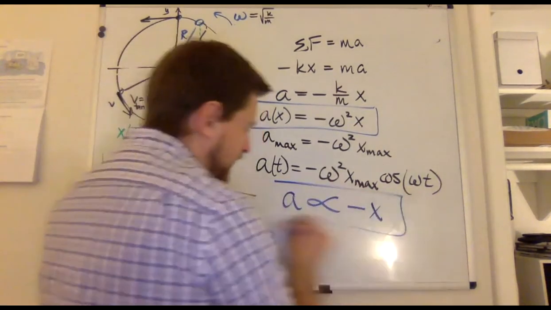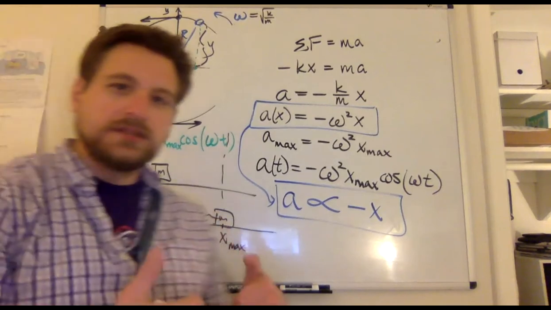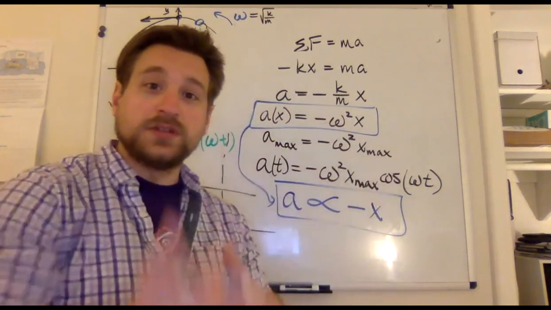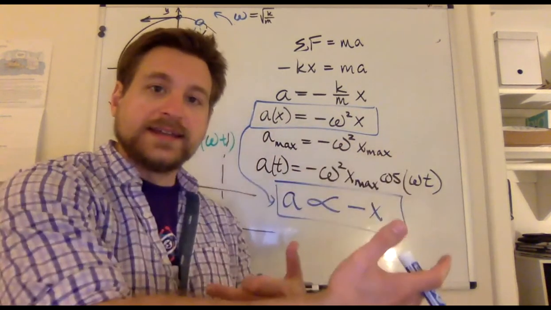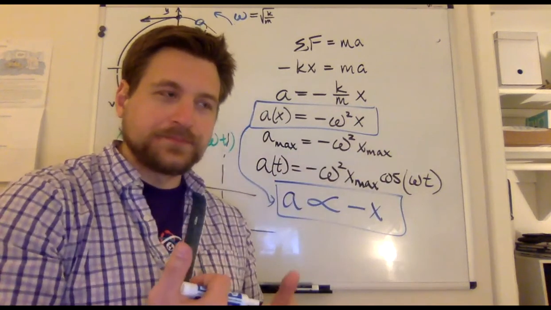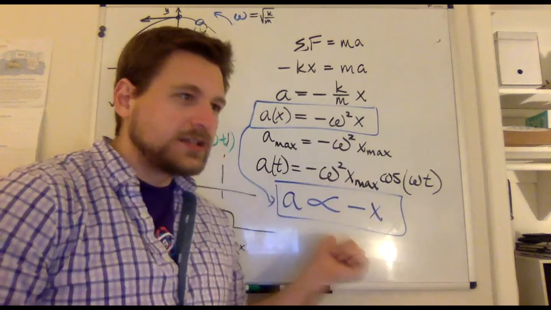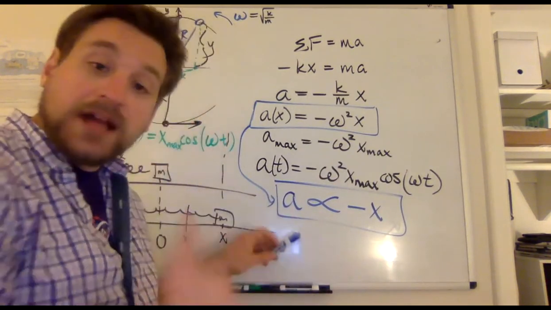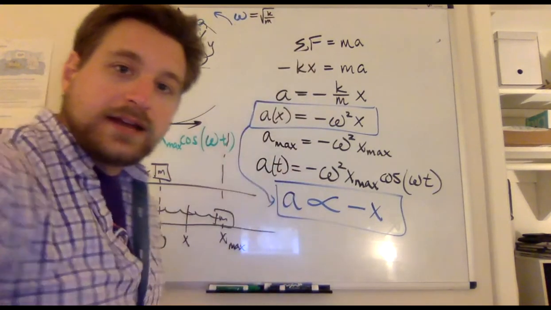Anytime we can say that the acceleration is proportional to our displacement from equilibrium, and that the system is trying to push us back the other way towards equilibrium, this is our sort of clue that we're talking about oscillation, harmonic motion, simple back and forth periodic motion.